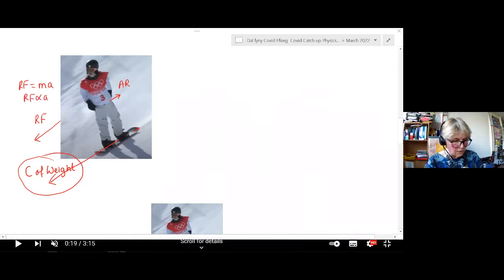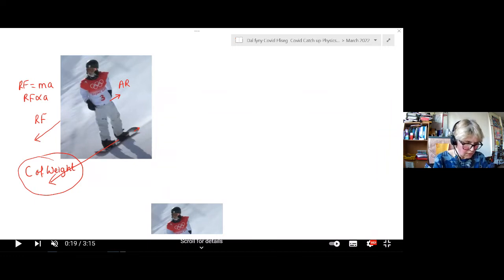So if you've only got the component of the weight going down the slope, this will cause him to speed up going down the slope, because there is a resultant force. So there is an unbalanced force, so he's going to accelerate.